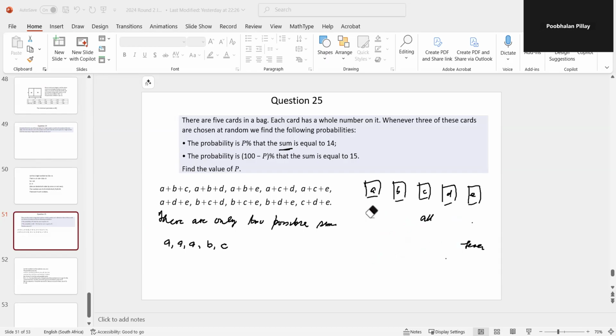So suppose you got three different numbers in the set, right? Then you're going to have these sums here.